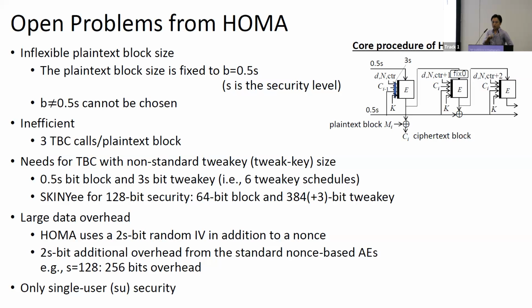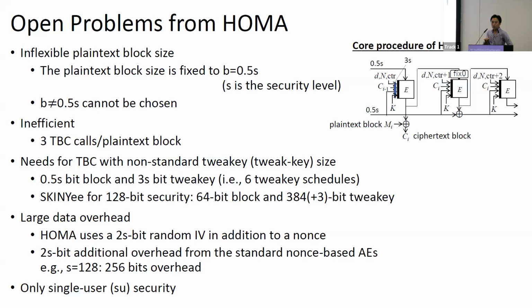And moreover, HOMA has these drawbacks. This is the core procedure of HOMA that encrypts plaintext block M. As shown in this figure, HOMA is inefficient. That is, it requires 3 tweakable block cipher calls for each plaintext block.